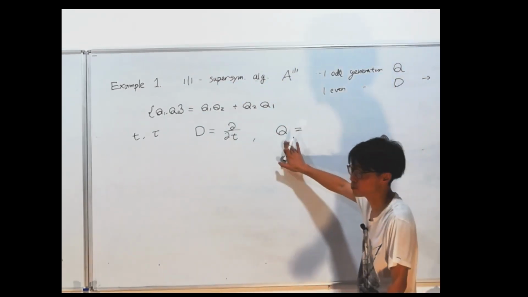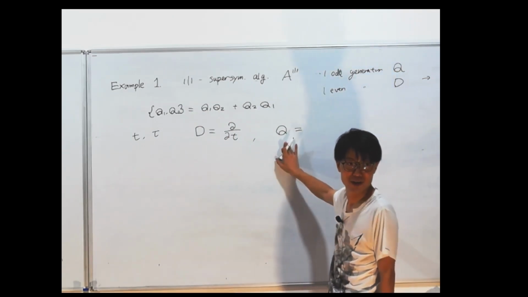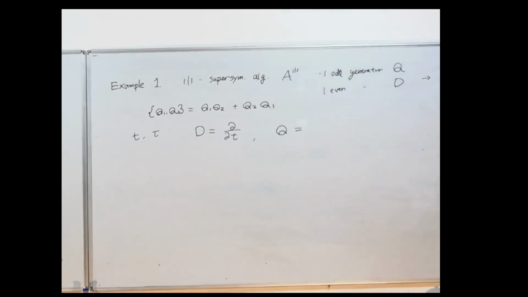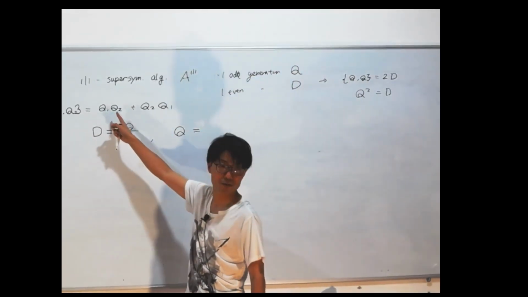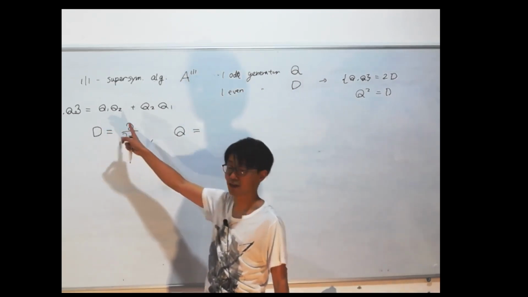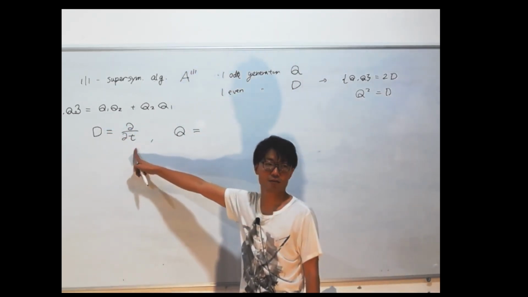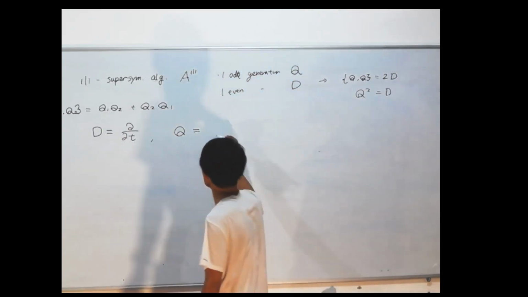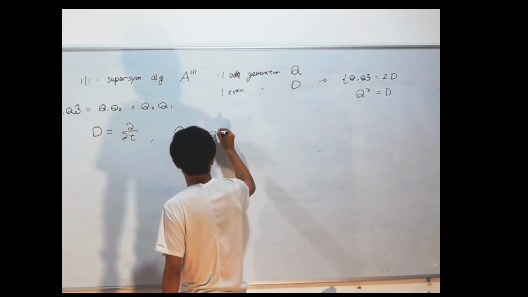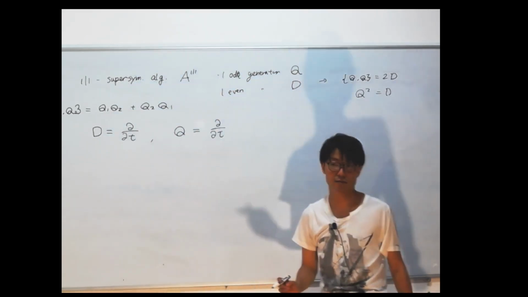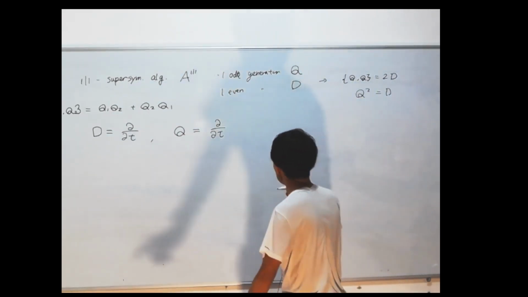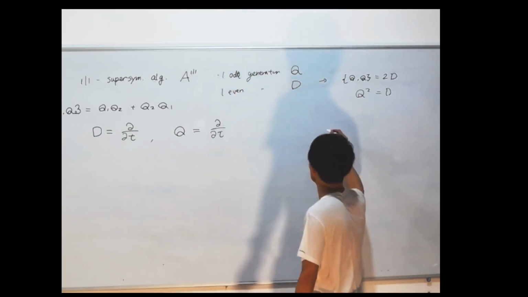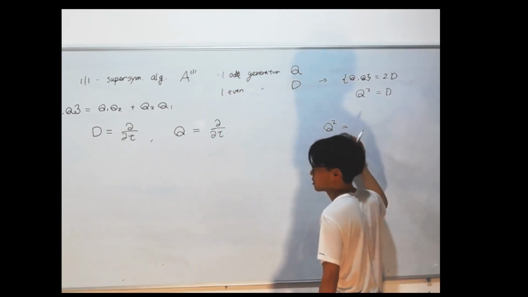I'm going to declare this is going to be a derivative, and from which you can imagine Q should be odd, right? The anti-commutator of odd times odd is going to be even, and this is an even operator, and this is going to be a derivative operator. So you can imagine probably it's going to be something like this, right? But if it was like this, what is this?